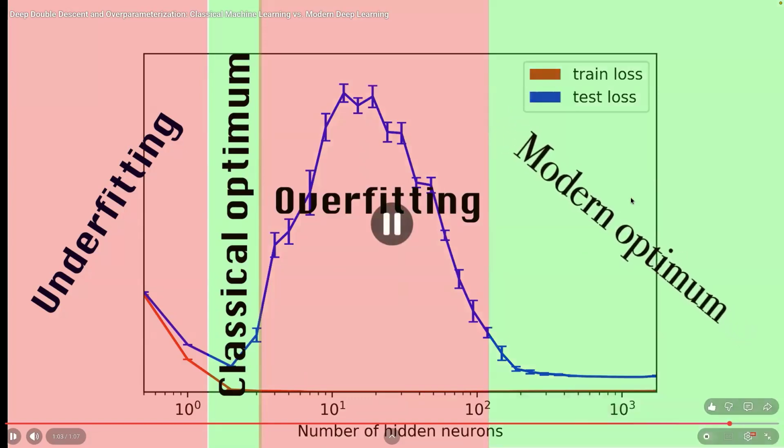And finally, you have the modern over-parameterization regime for models like ChatGPT, where your test loss is also going down to a very small value along with the train loss. Train loss is zero means that you have a lot of parameters and you are able to get the train loss to zero, but your test loss is also very small, which means that you have extremely good generalization performance.